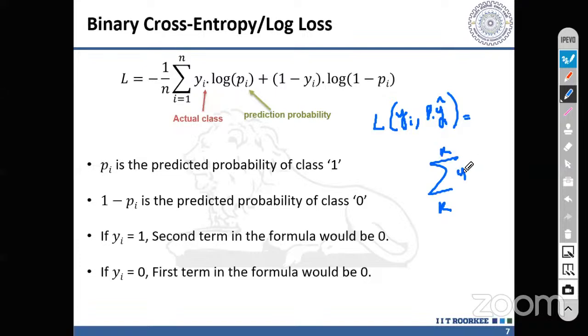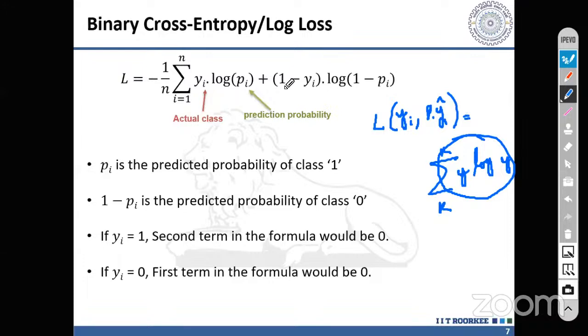So it is y into log of y hat. One of them will be 1, and the remaining will be 0. So whichever category we are considering, only that part will provide you the value in the loss. Others will not provide any contribution.